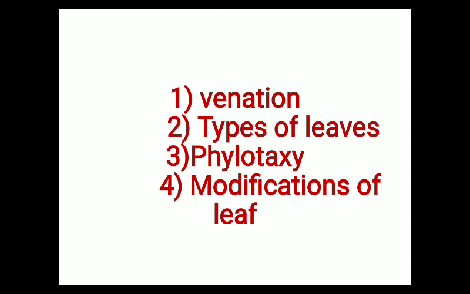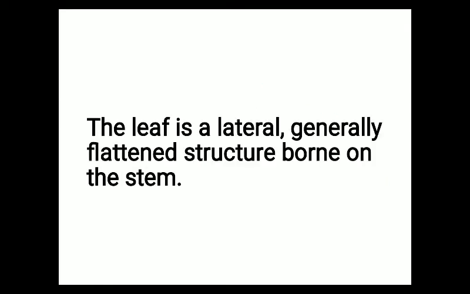So what is the basic information about the leaf we will discuss. The leaf is a lateral, generally flattened structure borne on the stem. Lateral means, so there are three different sides: dorsal side, ventral side, and lateral side.